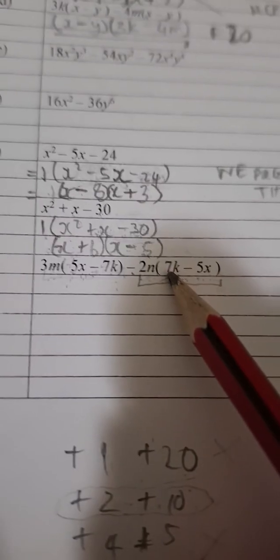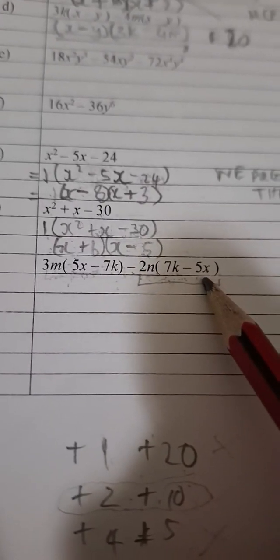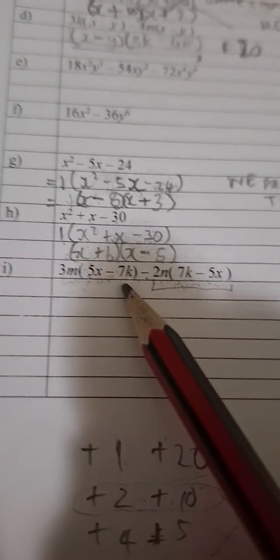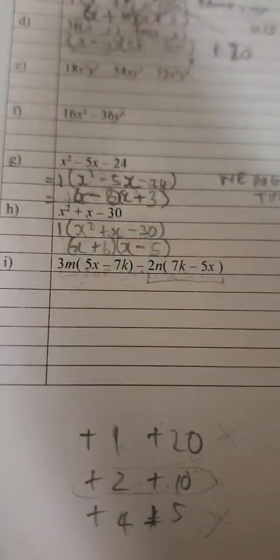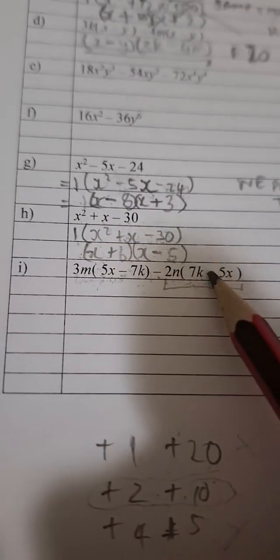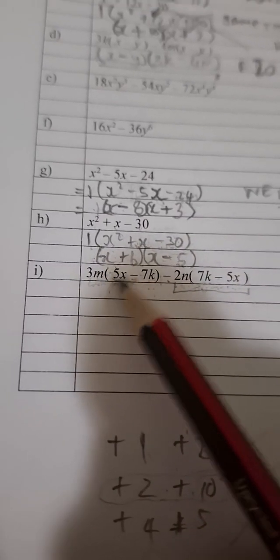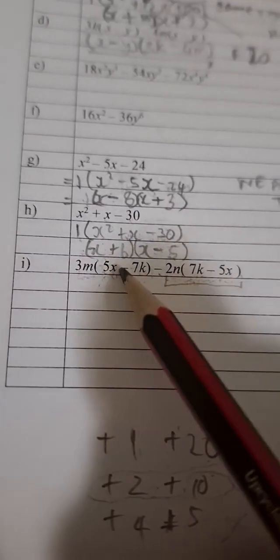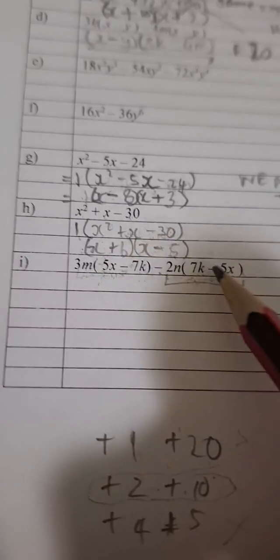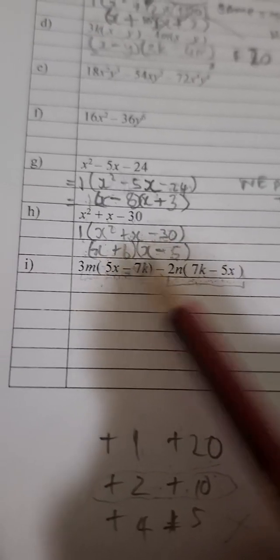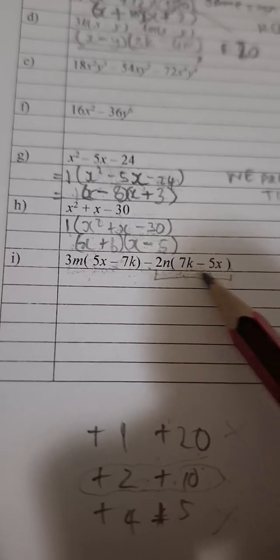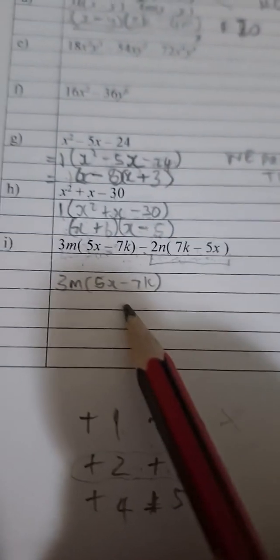The reality is, 7k minus 5x is different from 5x minus 7k. We can't take out a common bracket. So whenever you have a negative sign inside your brackets, and you can see that the terms are nearly the same, but the only difference is the sign, we use the sign change rule. So what we are going to do, guys, is rewrite this expression.